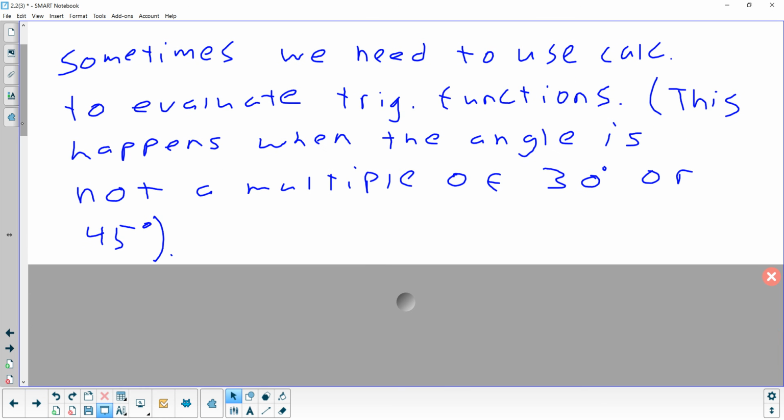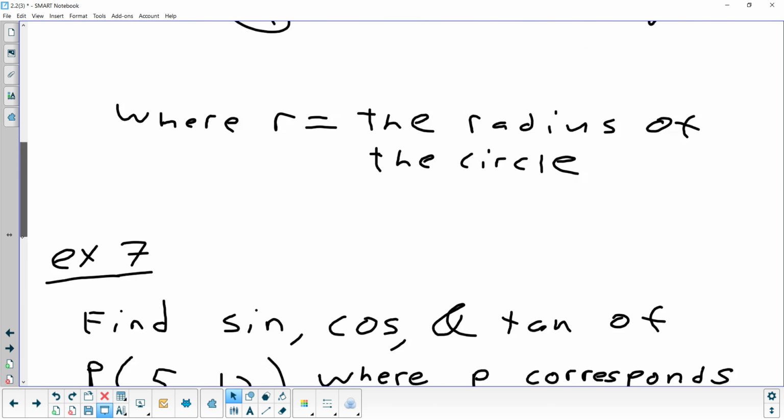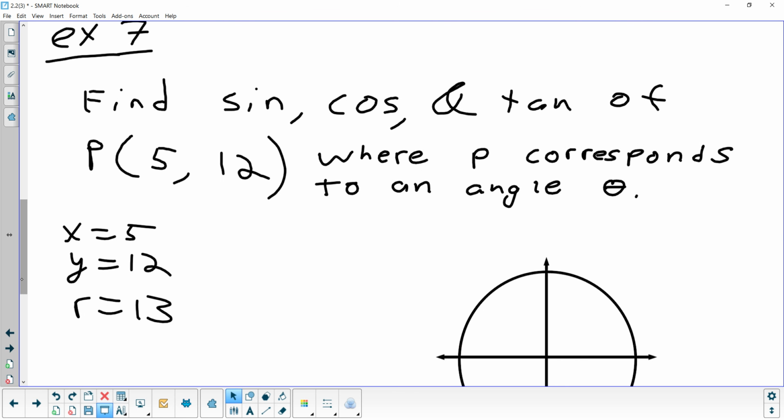So, up until now, everything we've done has been finding or using a coordinate. I would never ask you to find a coordinate like (5, 12). The only coordinates I would ask you to find are ones on the unit circle. The only way you would ever have to work with a coordinate like this is if I give it to you.